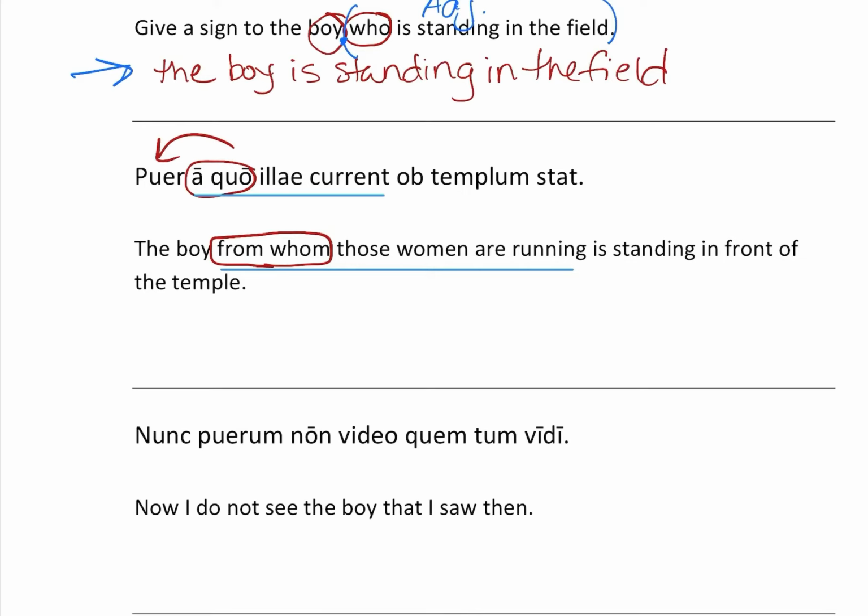Okay, so we've got a subject and a verb. The whole thing cannot be there because we have to have the "is." We have to have the whole verb left over so that when we take out the relative clause, it still makes a complete English sentence.